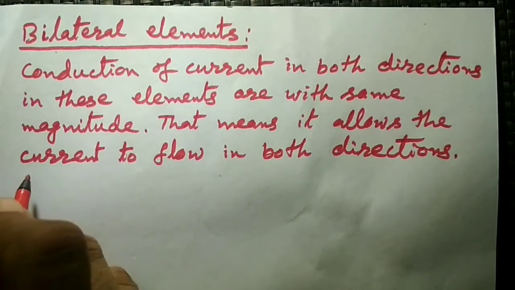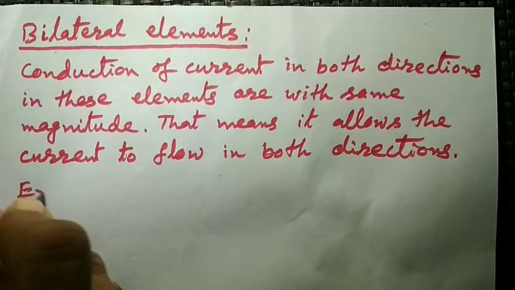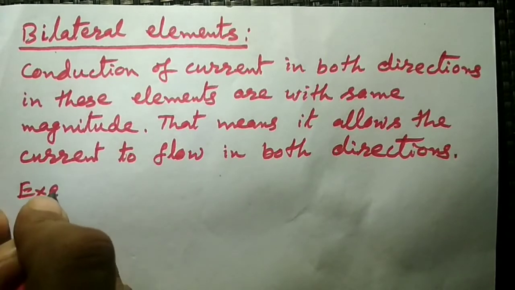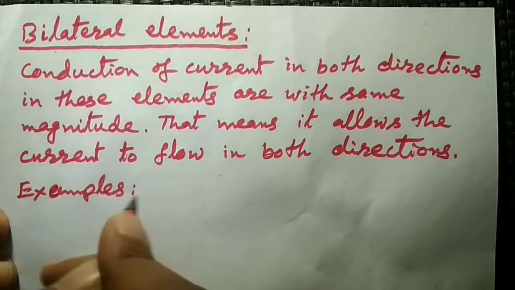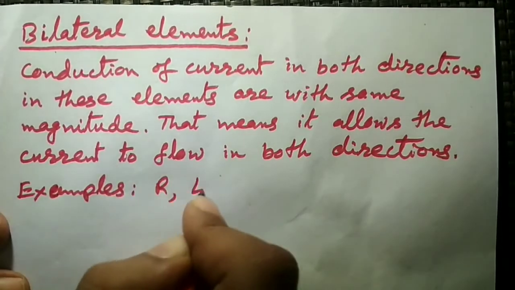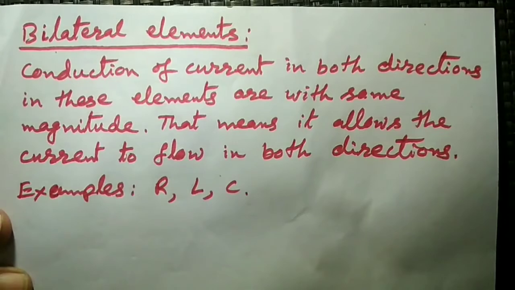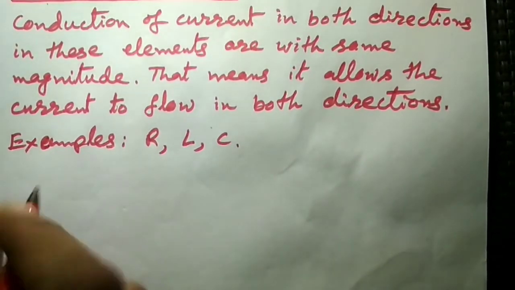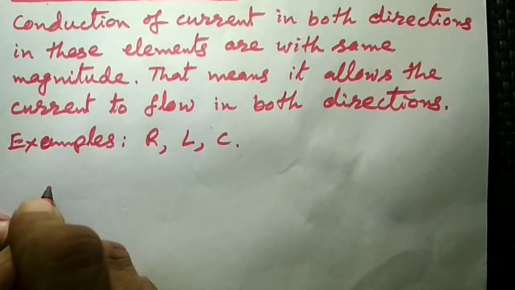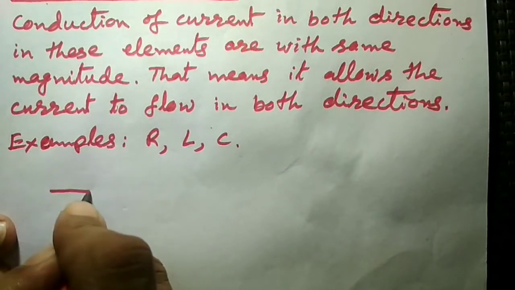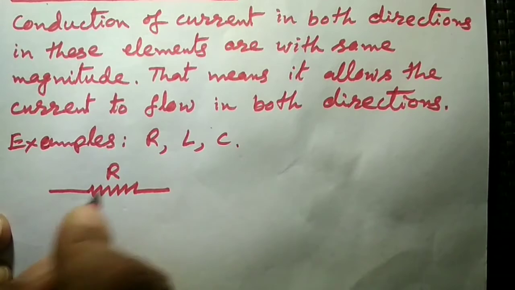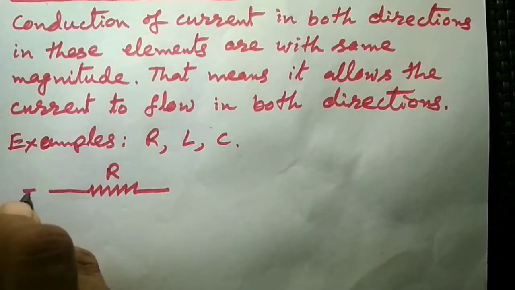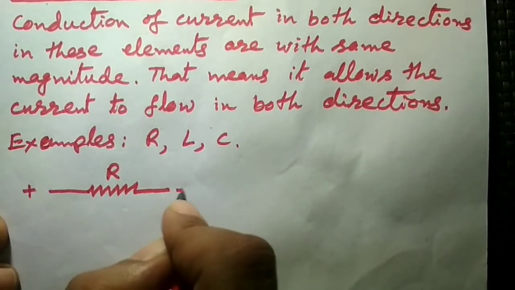The examples of bilateral elements are resistors, inductors, capacitors. Let's take an example. Suppose we have a resistor of resistance R and the polarity across the resistance is as shown.